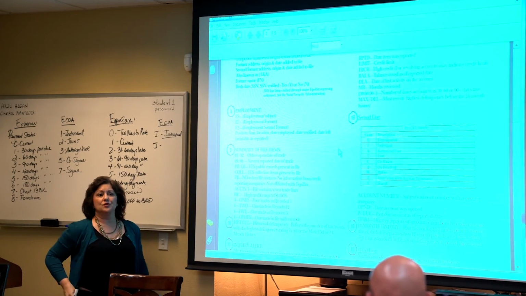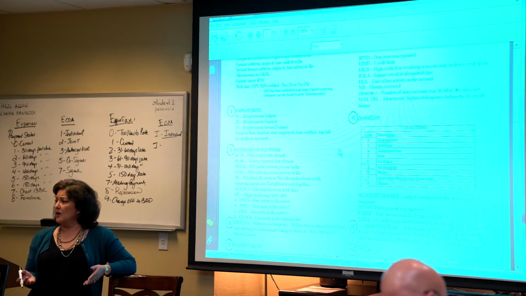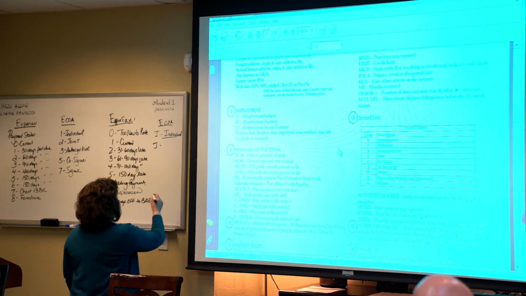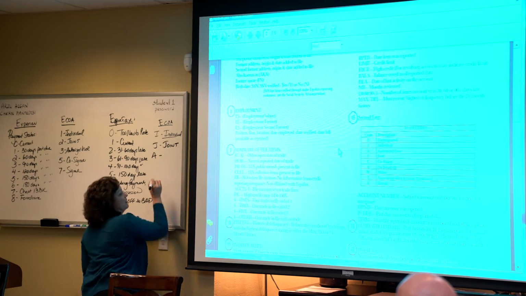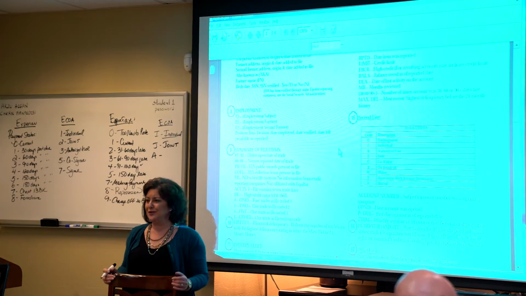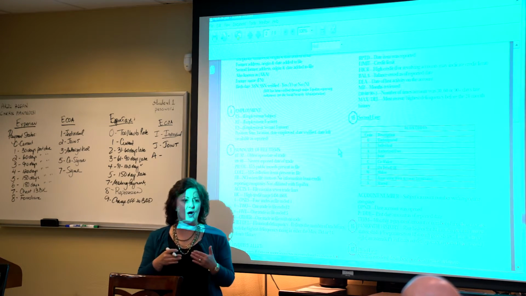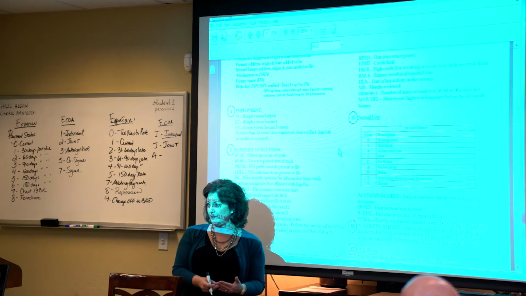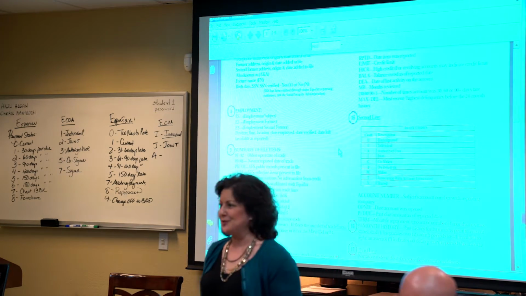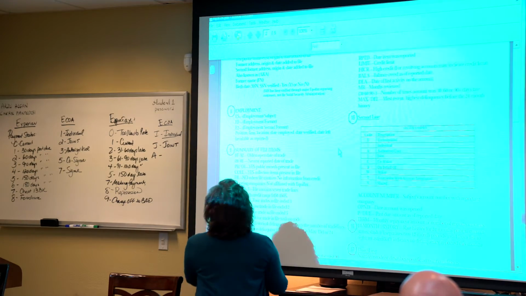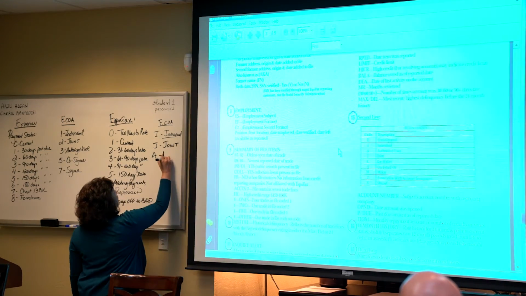J is going to be joint. That is a joint account with a spouse. We'll always designate joint. A is authorized user. If you remember, this is somebody who's authorized to use a credit card, like maybe their parents, but they don't have to make the payments. They just get to use the card when necessary. So authorized user.